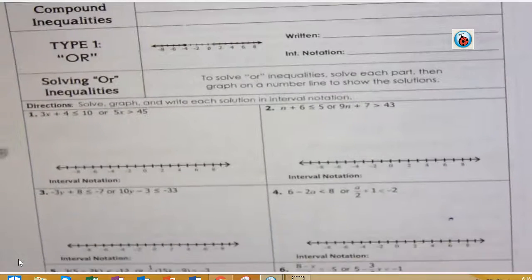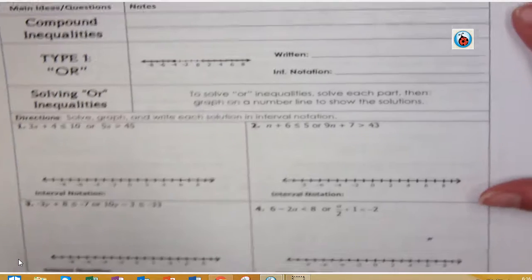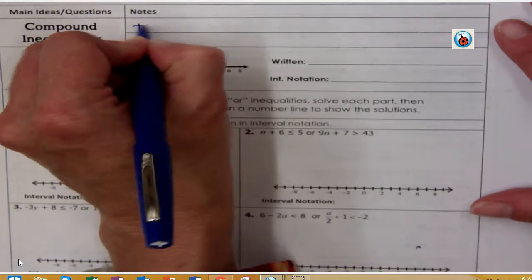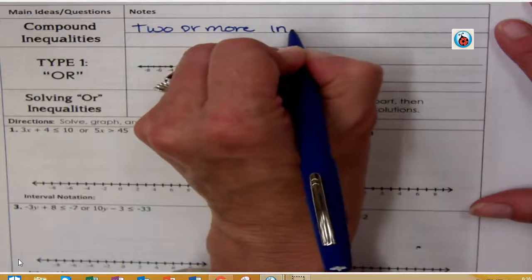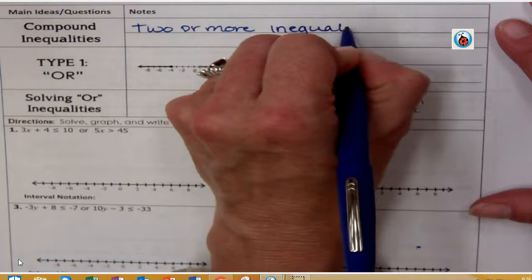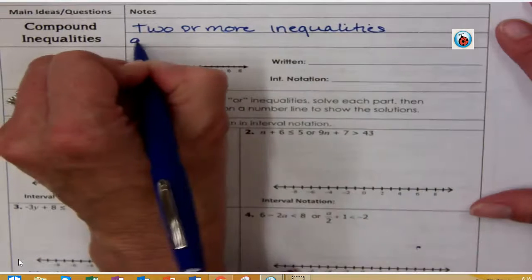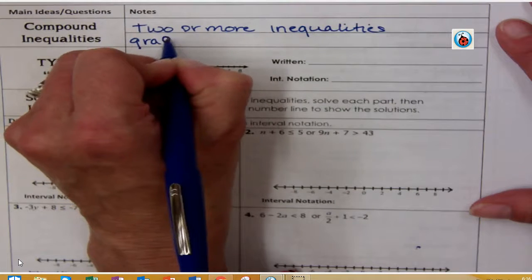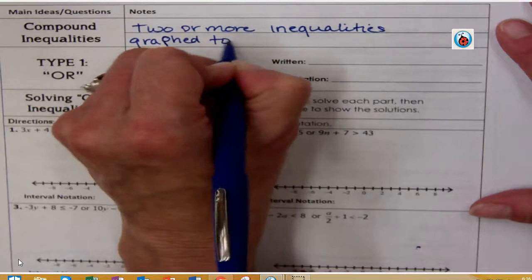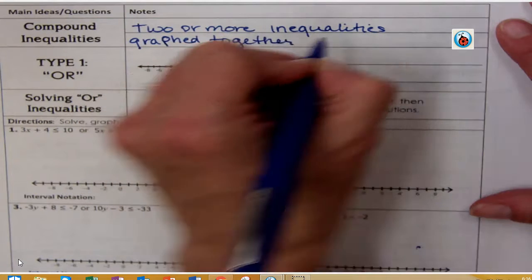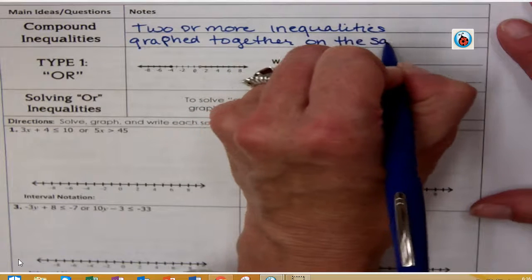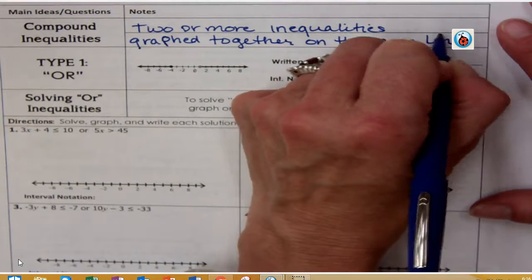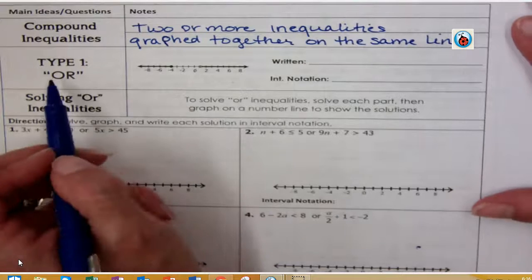We've got compound inequalities. Now this is just basically when you have two or more inequalities graphed together on the same line. Okay, so we've got two types.